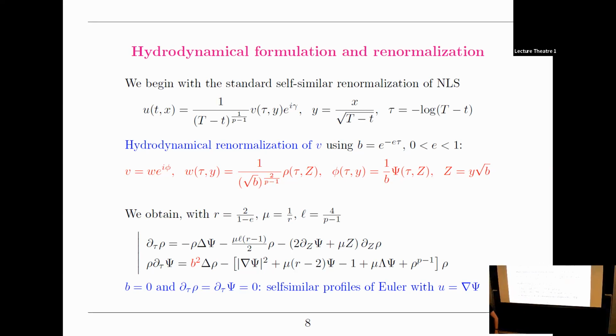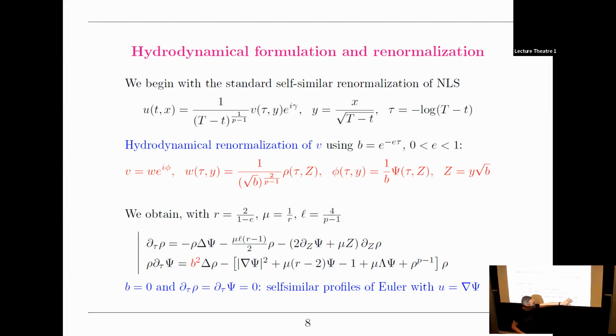So at this stage, usually I ask people to trust me, but here you don't have to trust me. You just have to remember Igor's talk. So these are actually self-similar profiles to Euler. Again, if this term vanishes in this one also, provided, of course, that you write, sorry, here I have a conflict of notation. So this U is not this U. This U is the U of Euler. Okay, I don't have enough letters apparently.